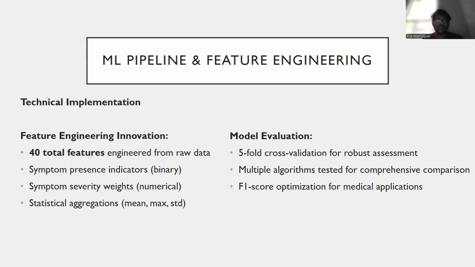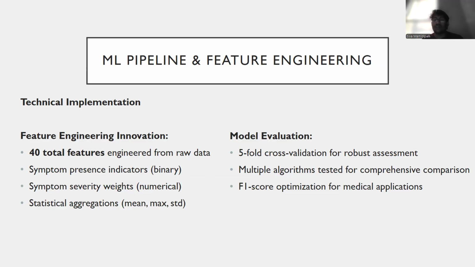Here, this talks about the ML pipeline. In the feature engineering, there are 40 features considered from the raw data set. Symptom presence indicators are converted into binary 0, 1, and the severity weights into numerical values.